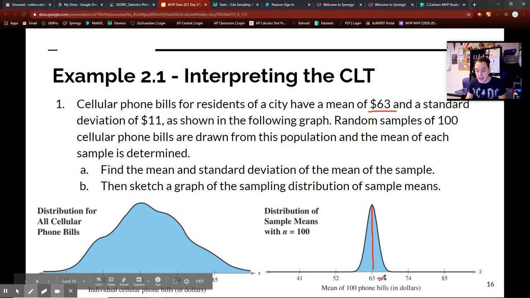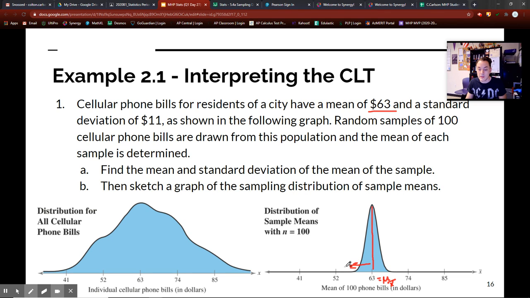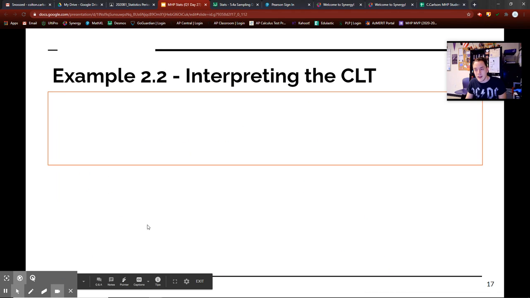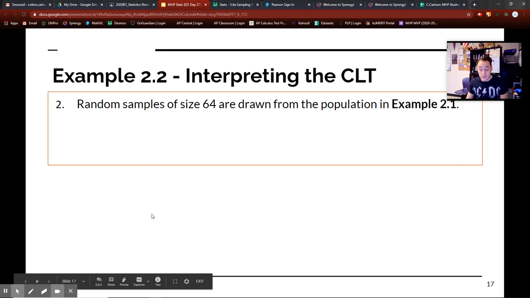This is the distribution of your sample mean, the mean of your sample means, your mu sub x bar, and then your standard deviation. Again, on Math Excel, it's just going to be an A, B, or C thing. That's it. Now, let's continue.